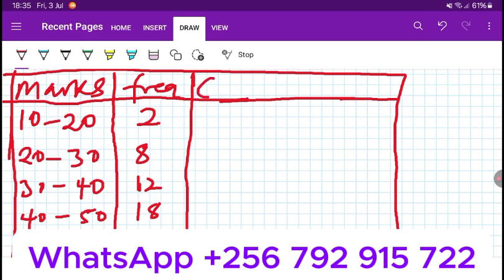So now we get the cumulative frequency. Now, cumulative frequency, we always take the first one. We take the first frequency to be our first cumulative frequency, because we have no values below that.